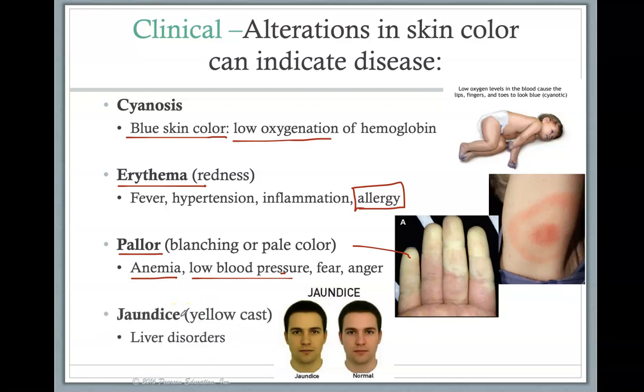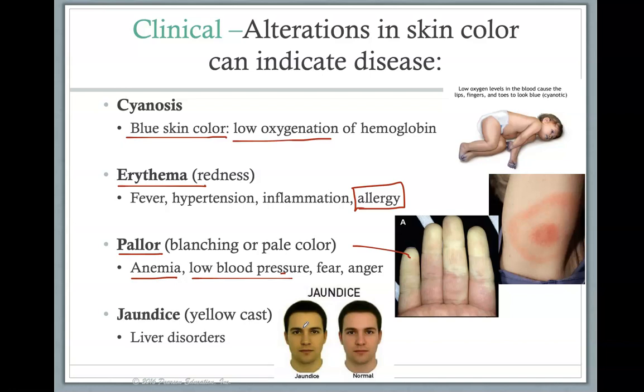And then jaundice. Jaundice is just this yellow cast coloration that you get from the buildup of bilirubin. This oftentimes happens in liver disorders, but it also happens in infants. For example, my second born had jaundice because the liver wasn't fully developed, or it hadn't kicked in yet.